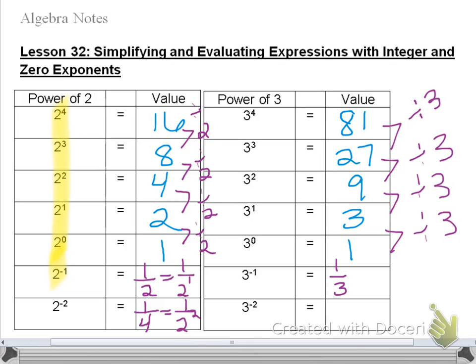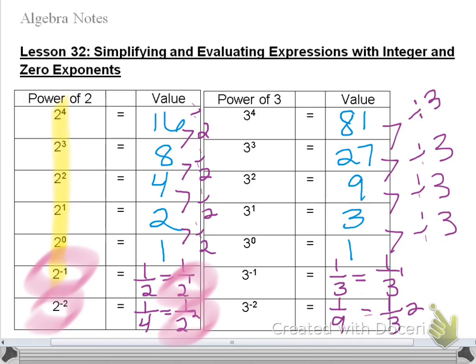So if we take thirds and divide it into 3 pieces, we'd have 1/9. Now I want you to notice here that this is 1 over 3 to the first power and 1 over 3 squared. So there's a connection here between this and this on both of these examples.